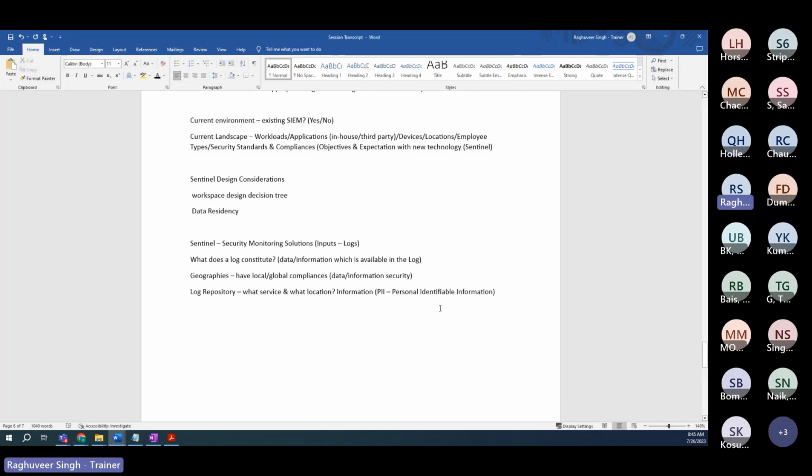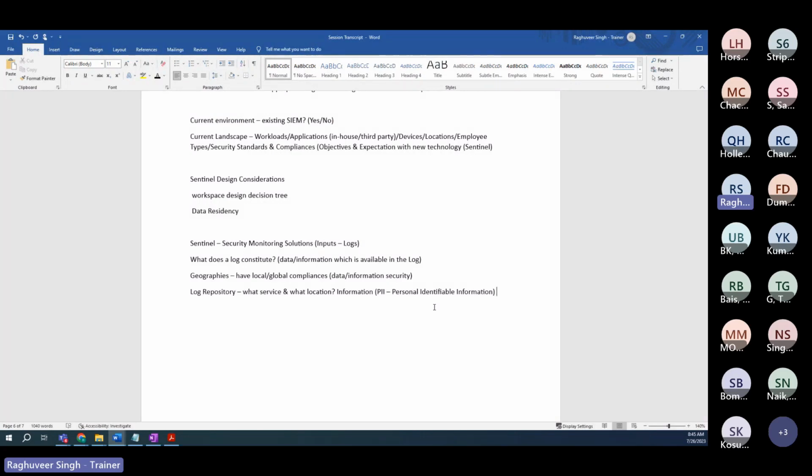It's like the email ID of a person, name, age, sex, location, email address, home address, contact address, mobile phone number. That's all personally identifiable information, because from this information you can identify a person.